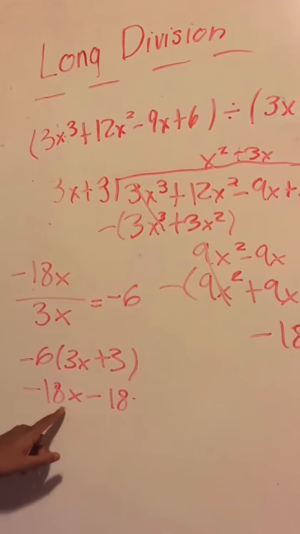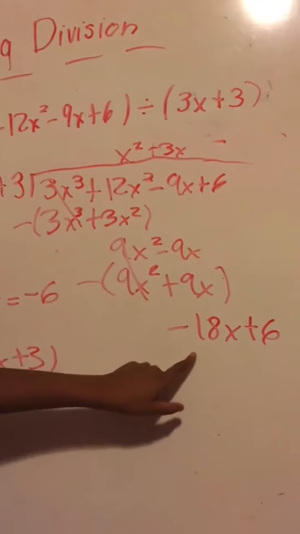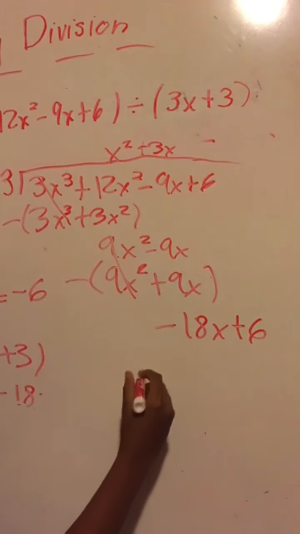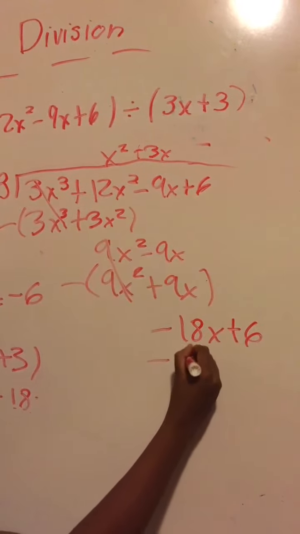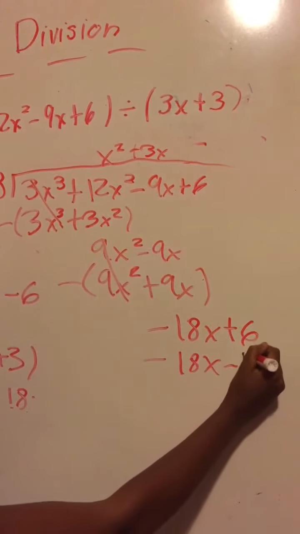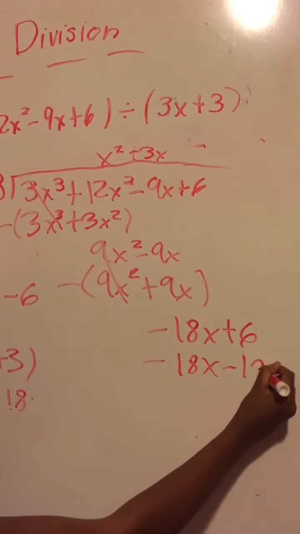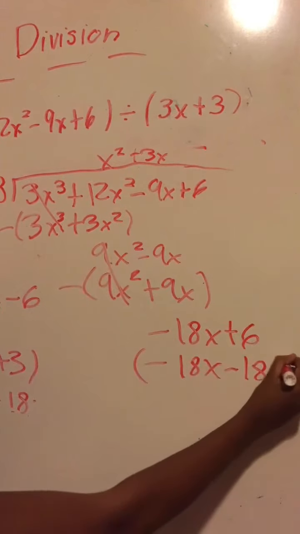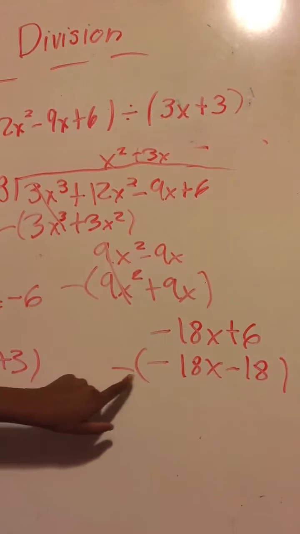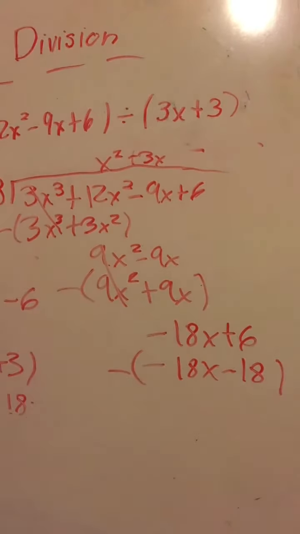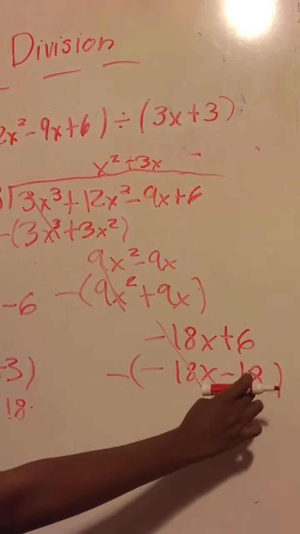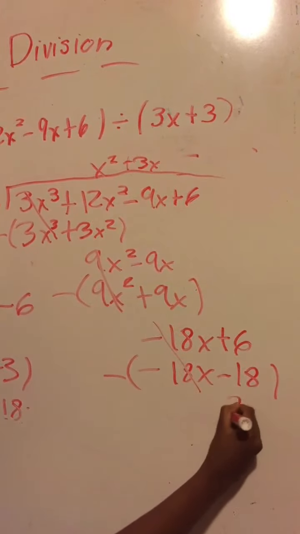Then you move this problem under the negative 18x plus 6. So that's minus 18x minus 18. Subtract. Those two cancel out because negative times a negative is a positive, and that cancels out. Negative times a negative is a positive, so 18 plus 6 equals 24.